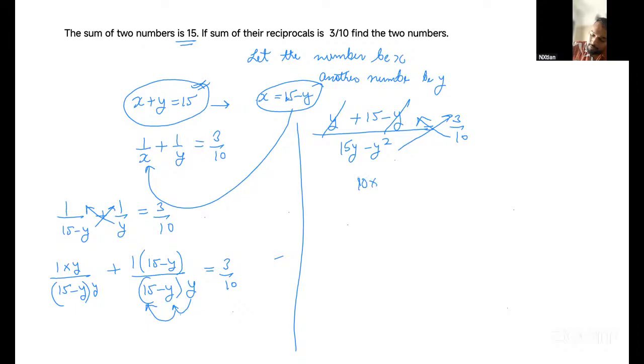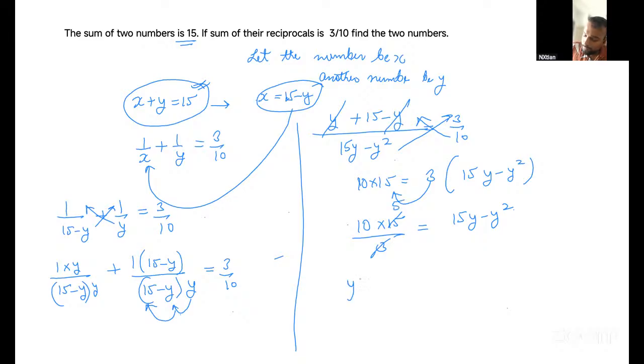So it becomes 10 into 15 is equal to 3 into 15y minus y square. Now this 3 will go and divide, so it becomes 10 into 15 upon 3 is equal to 15y minus y square. This and this will cut, and it becomes y square minus 15y plus 50 is equal to 0.